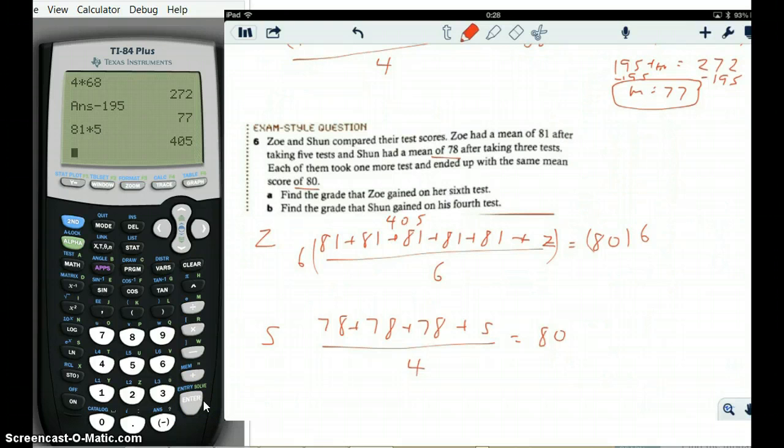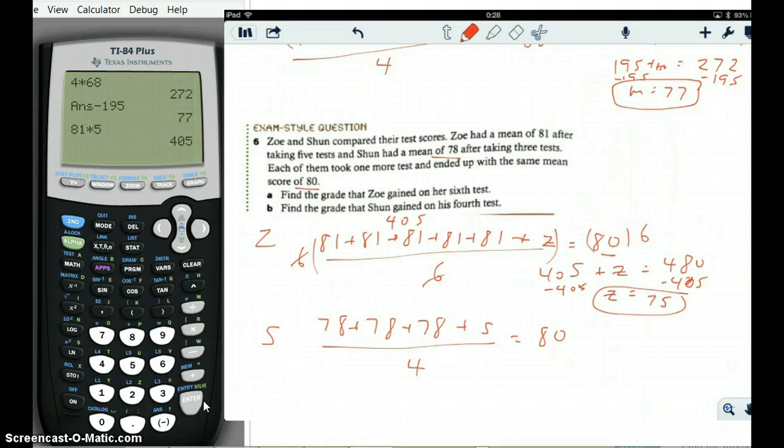So we have 405 plus z. 6 is canceled out. 405 plus z equals 480. Z is equal to 480 minus 405. 480 minus 405 is 75. So Zoe gets a 75 to end up with an average of 80.